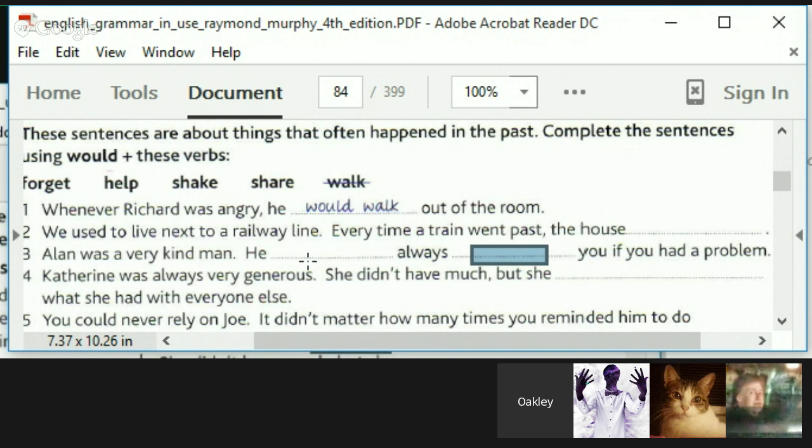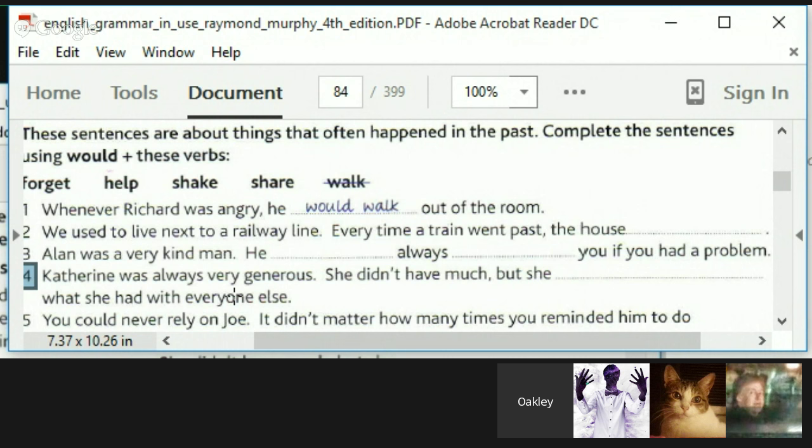Used to would still fit here. And it still fits to say he always helped you if you had a problem, because we have always to indicate over and over again. So all three are possible. It really doesn't make any difference, and you shouldn't worry about which one you choose. Choose whichever one sounds good to you at the time. There's no grammar rule. All of them convey the same information.